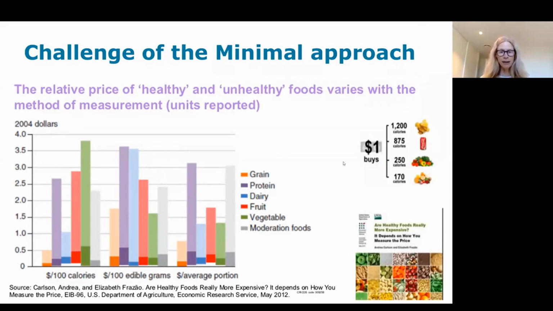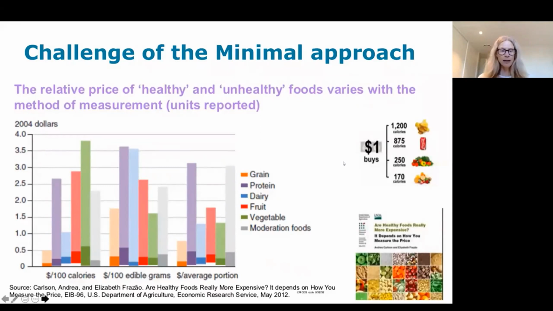And if you look at the green bars, the vegetables, you can see that if you're looking at it per 100 calories, then vegetables seem very expensive. But if you look per edible gram or per portion, because vegetables are not so energy dense, they're a lot cheaper. So it really depends what metric you use as to what answer you get.